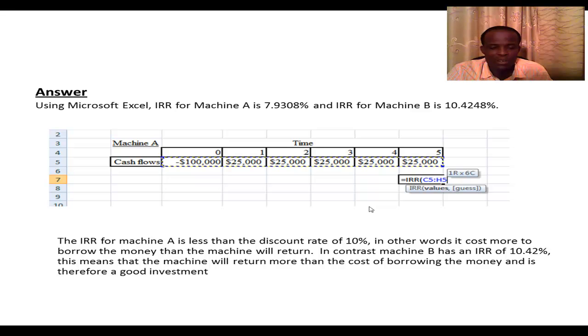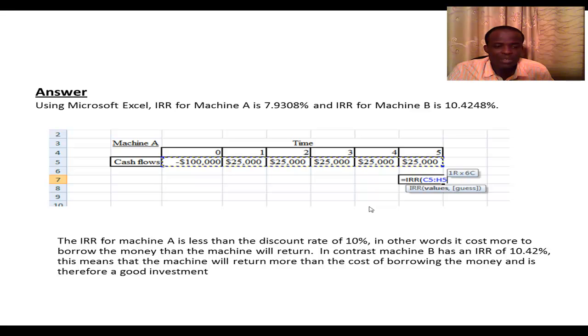You close the brackets. Excel has this inbuilt function that computes the IRR for you. And it should take a few minutes, if not seconds, to do it.